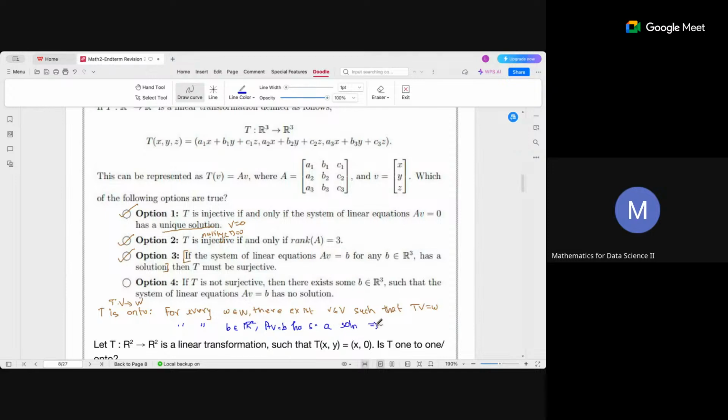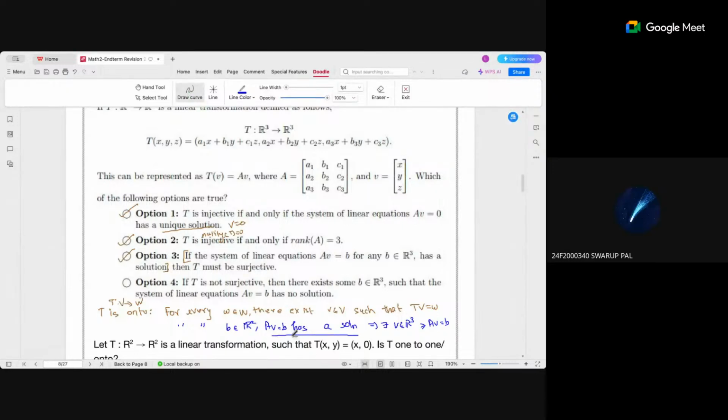It is the same as saying there exists a v in R3 such that Av equal to b. True or not?